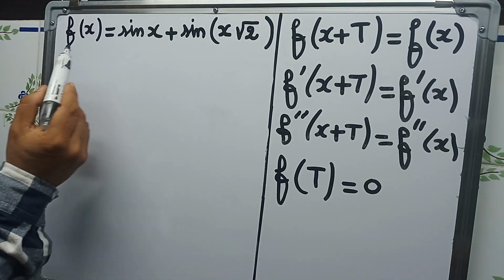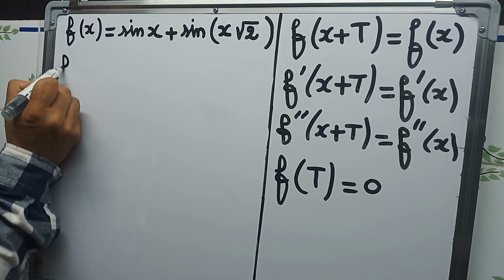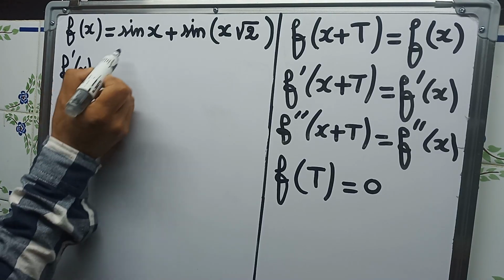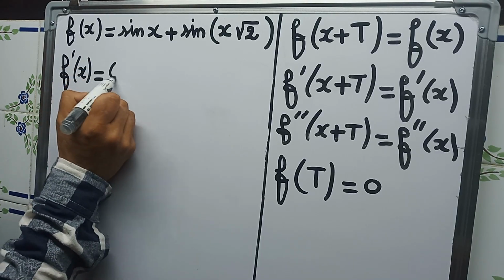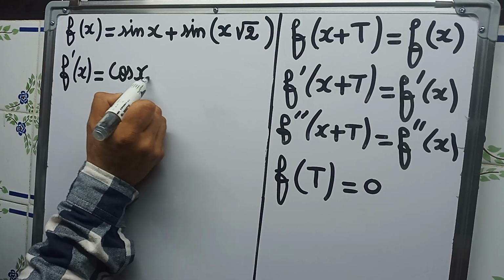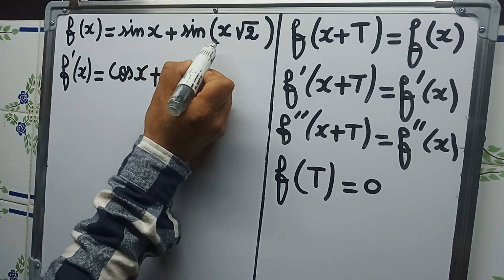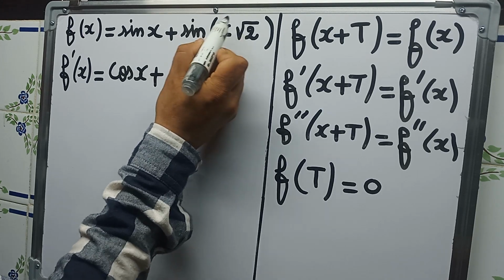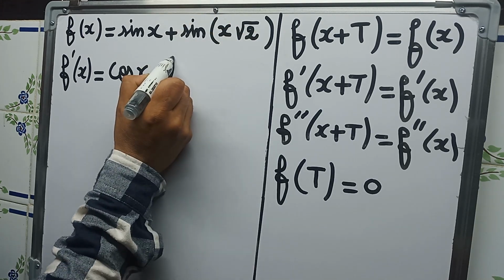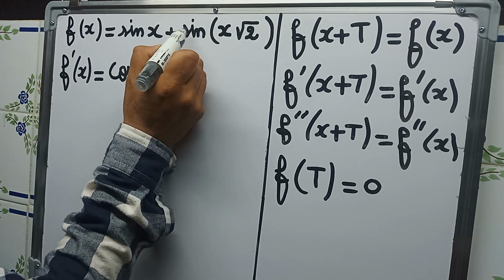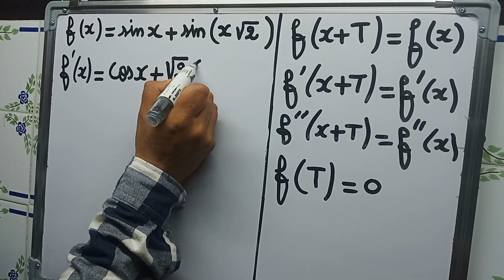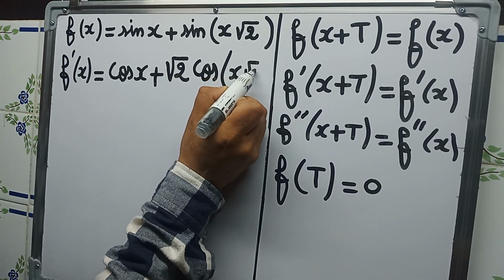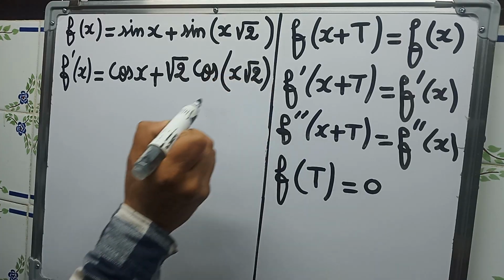And from here, we have f prime of x is equal to, so sine prime of x is cosine of x, plus sine of x square root of 2 prime. And here we have x square root of 2 prime is square root of 2, and sine prime is cosine, so cosine x square root of 2.